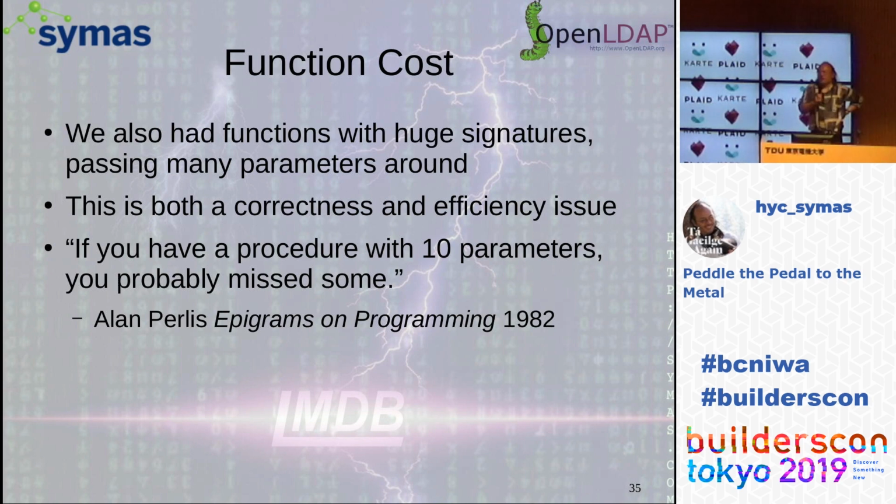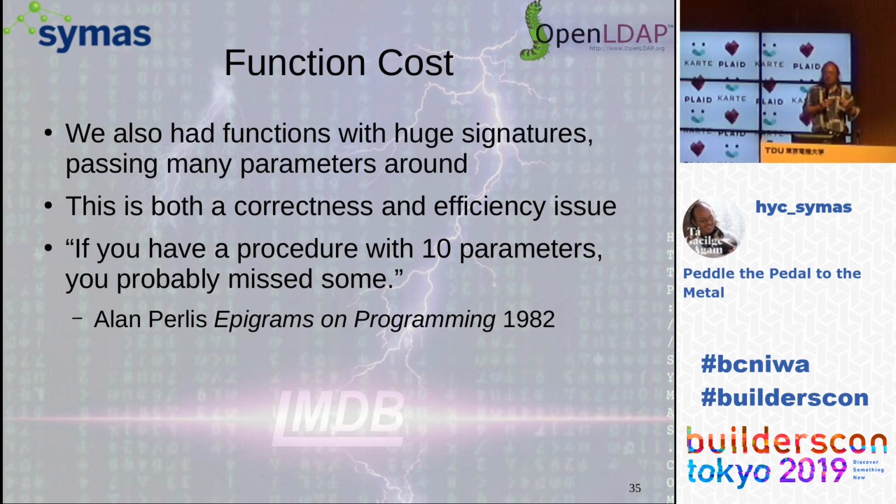The other interesting thing we had is functions with very long signatures. The LDAP search request actually has 14 parameters, if you look at the message on the wire. And so in the library and in the daemon, we have to pass 14 parameters up and down the call stack.